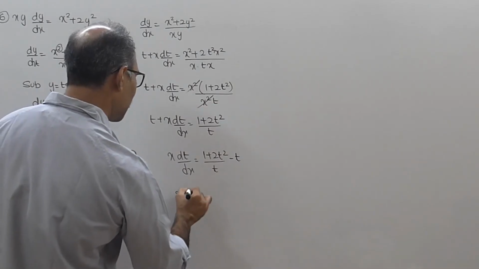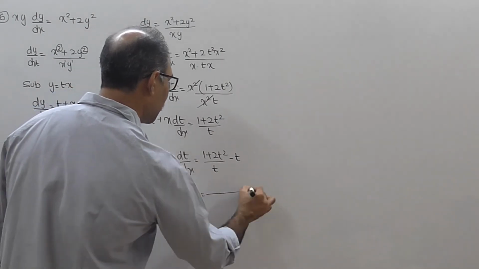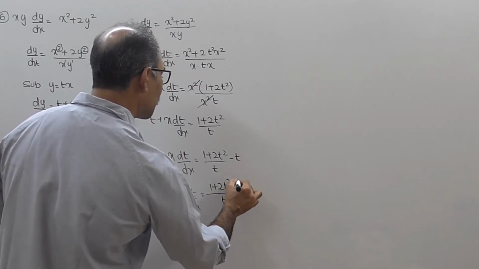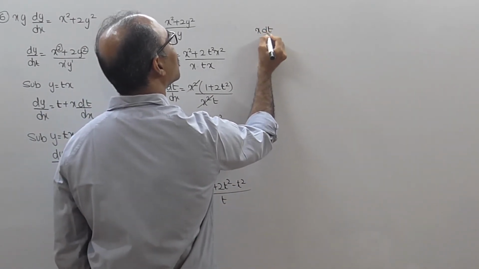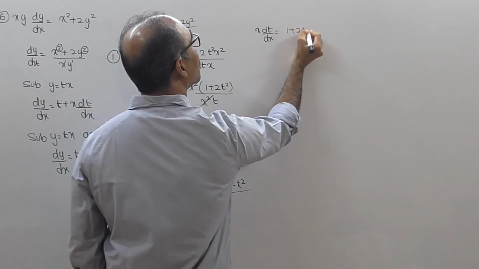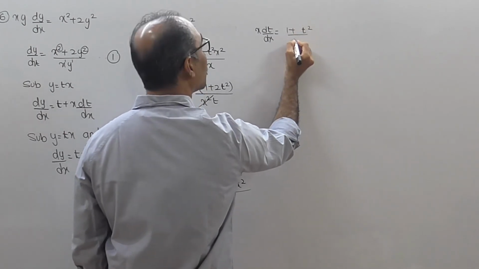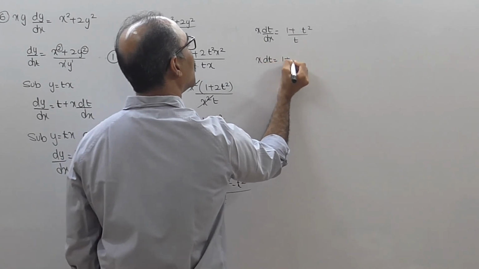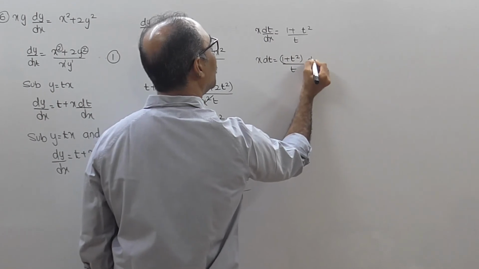So we get this as x times of dt by dx. Take t as LCM. We get 1 plus 2t square minus t square. So we get x dt by dx equal to, we should get this as 1 plus t square upon t. Now cross multiply, we get x dt equal to 1 plus t square upon t into dx.